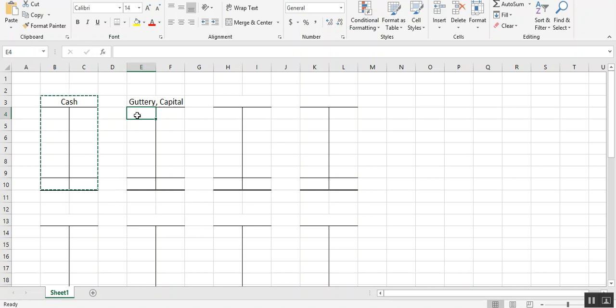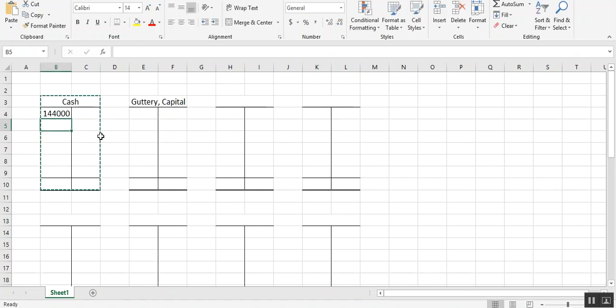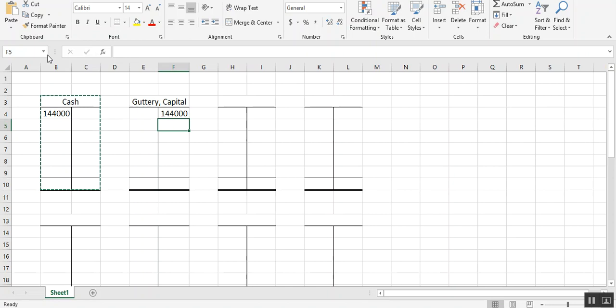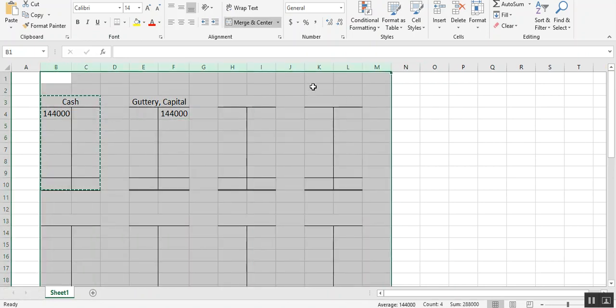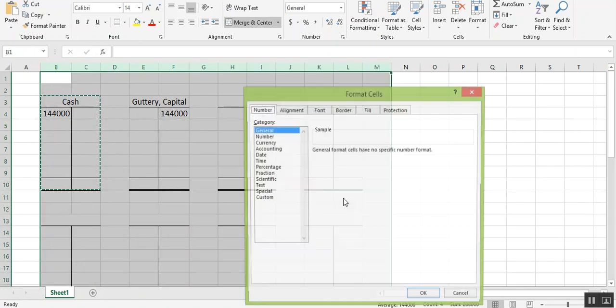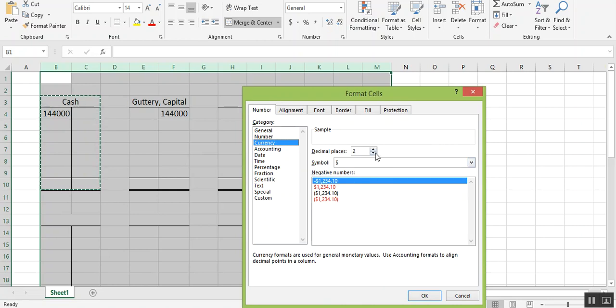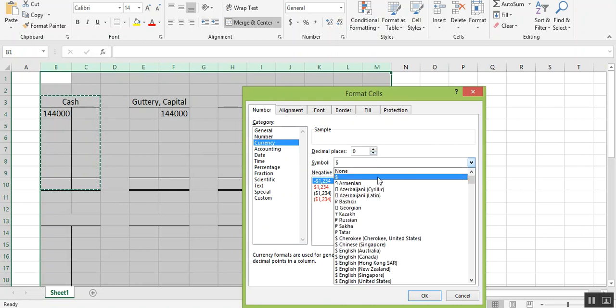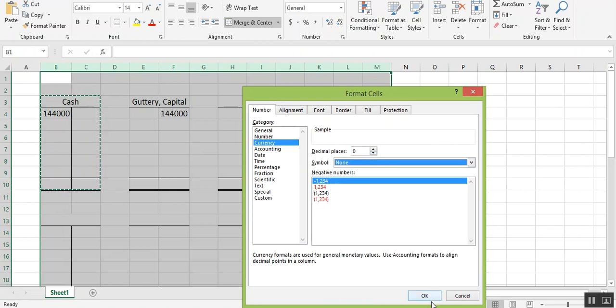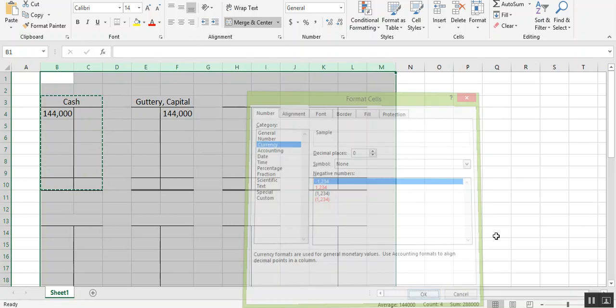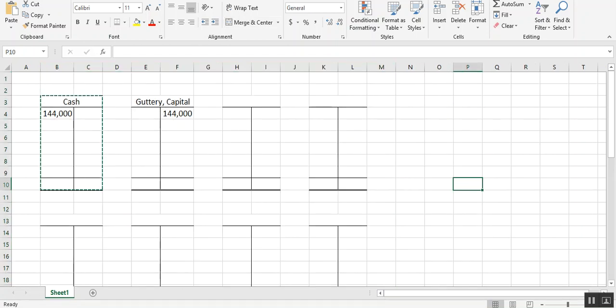So it says he invested $144,000. There's my debit. There's my credit. Let me fix the format on that so we can read it easier. All right, so your work is going to look something like this.